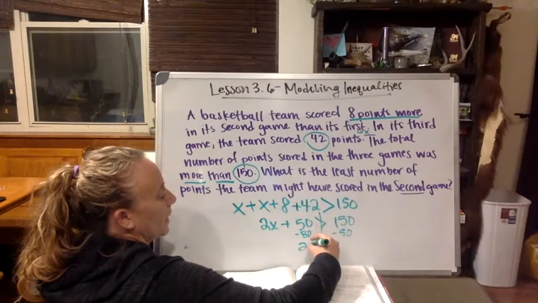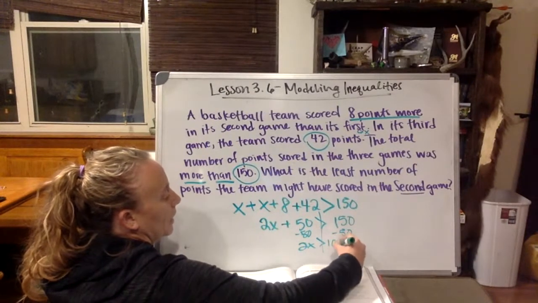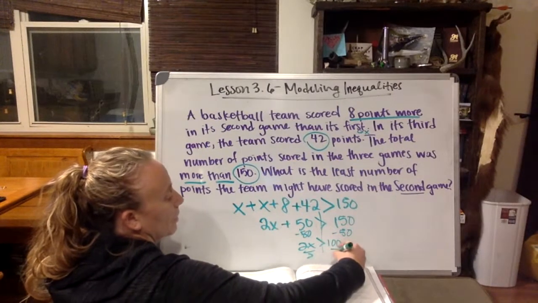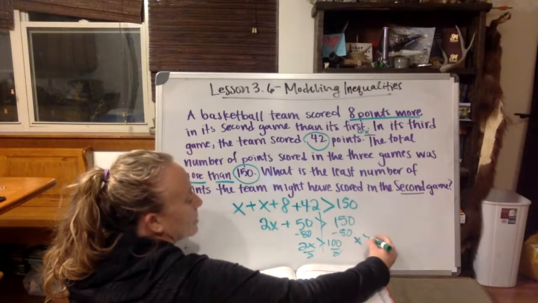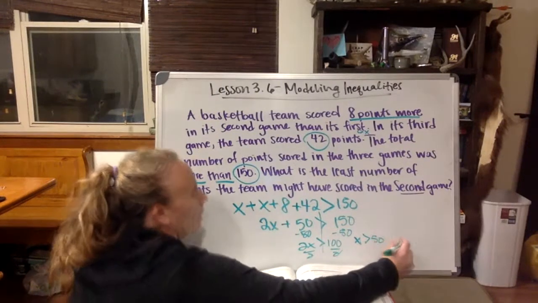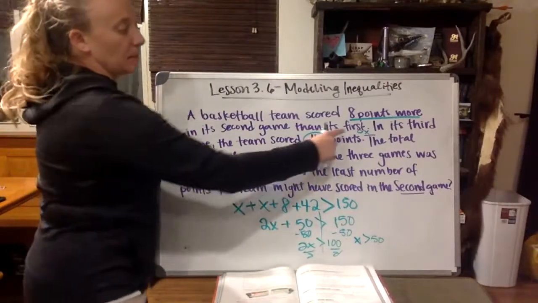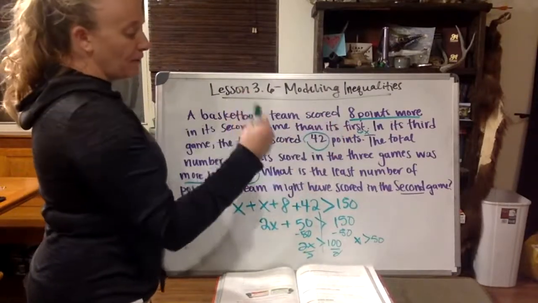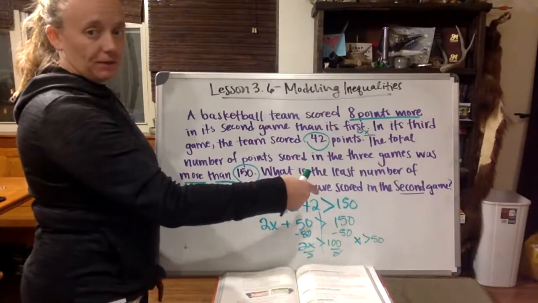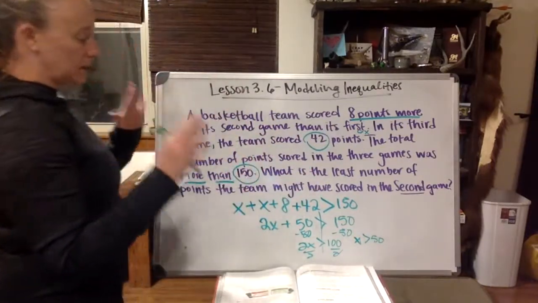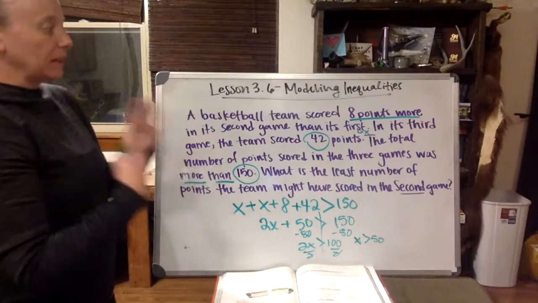I get 2x is greater than 100. And I'm going to divide by 2 on both sides. So I get x is greater than 50. So that means my first game, my variable, is greater than 50, so that's 51 points. All right, so 51 points at least in the first game.